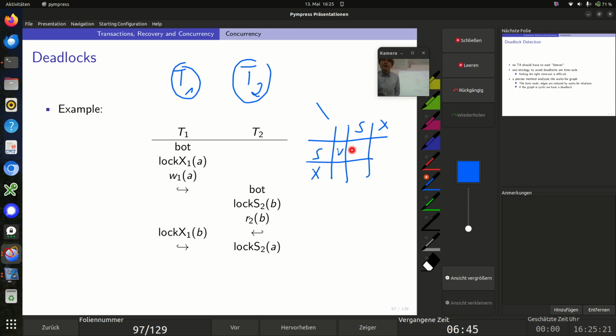Shared locks are compatible with no locking, and exclusive locks are only compatible if there's no lock. So we see there's already a shared lock, and we want to have an exclusive lock. Exclusive and shared locks are not compatible, so we can see T1 is waiting for T2. And then T2 wants a shared lock on A, but currently T1 is holding a lock, so we have another dependency. This is called the wait-for graph.